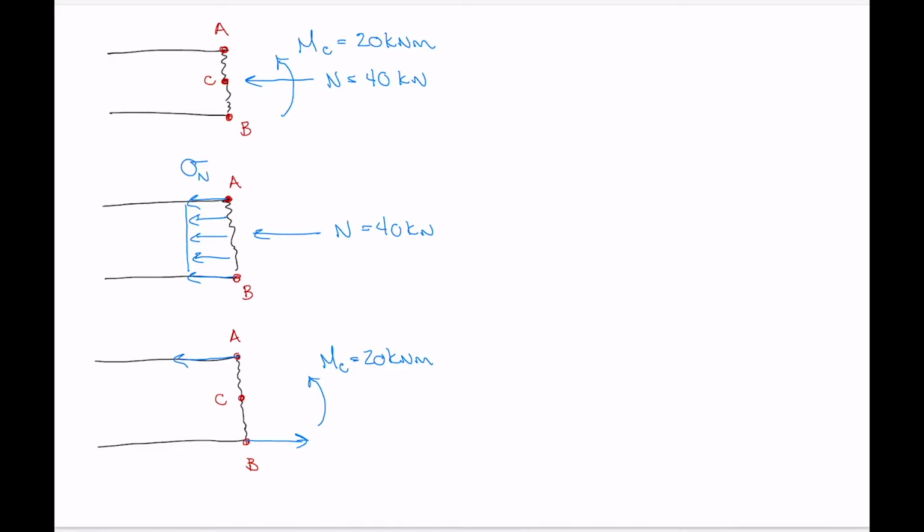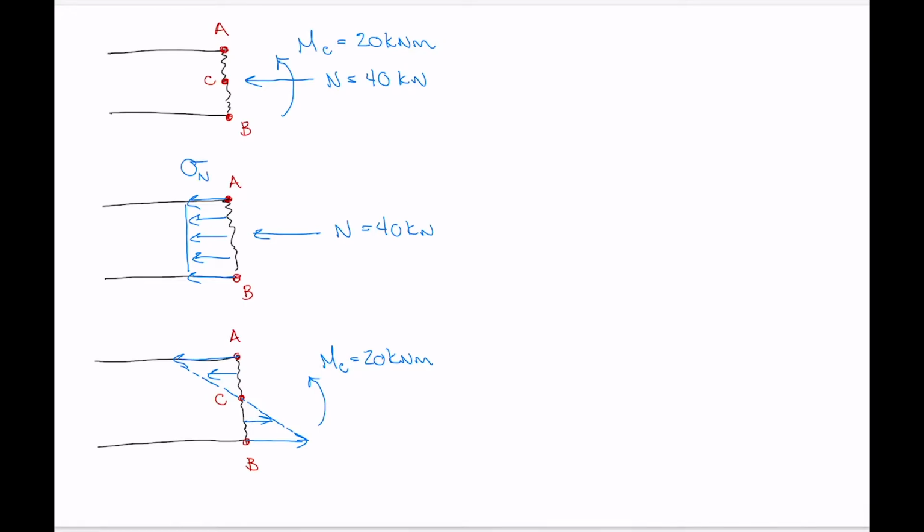And then in between those, we've got a linear transition moving to no stress at point C, which is the neutral axis of bending for moment MC. So here we've got decreasing compressive stresses moving towards C, and then increasing tensile stresses moving from C outward to B. Okay.